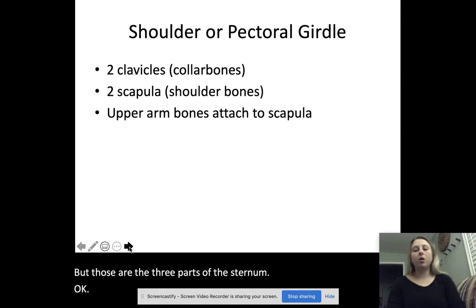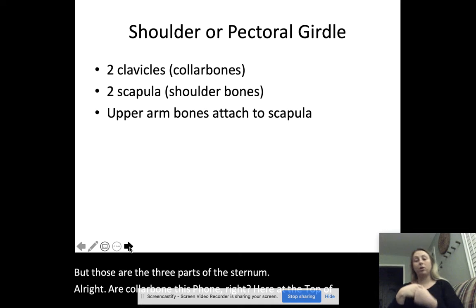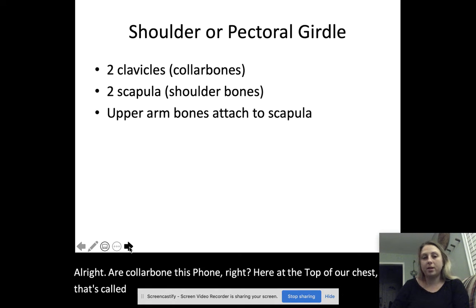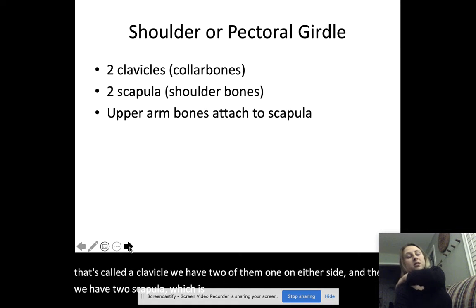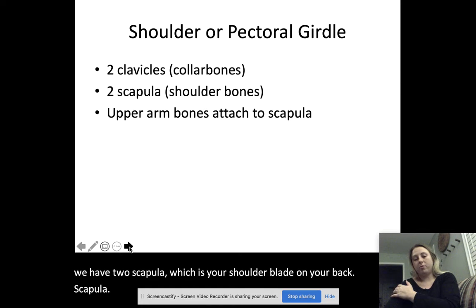All right, so our collarbone, this bone right here at the top of our chest, that's called a clavicle. We have 2 of them, one on either side. And then we have 2 scapula, which is your shoulder blade on your back. Your upper arm bone, your humerus, actually attaches to your scapula.